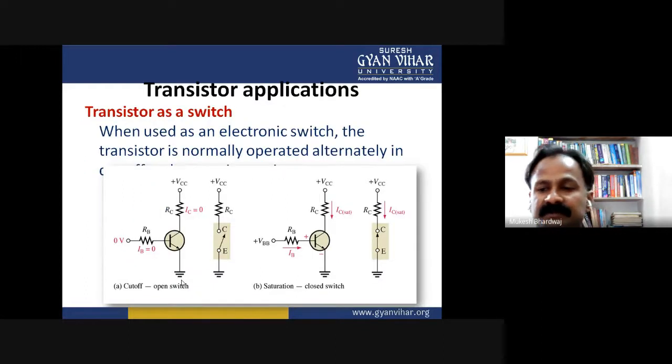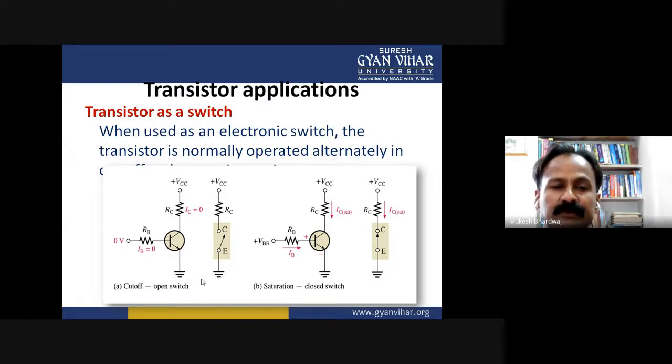Transistor application. When used as an electronic switch, the transistor is normally operated alternatively in cutoff and saturation region. So the cutoff region is the open switch and the saturation region is the closed switch, as you see in the diagrams.